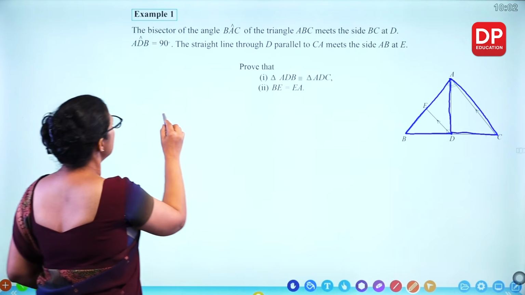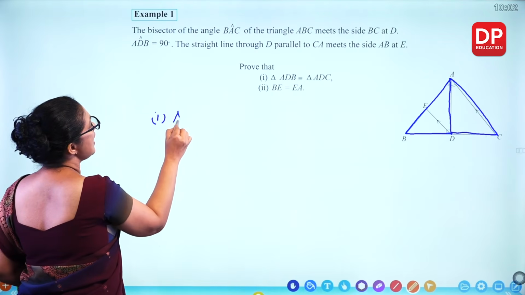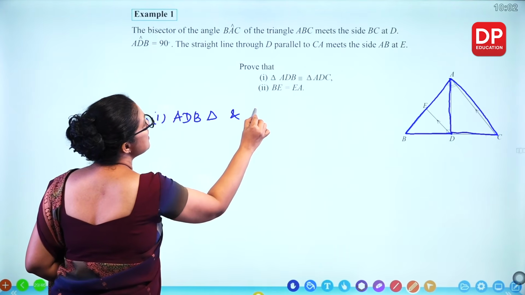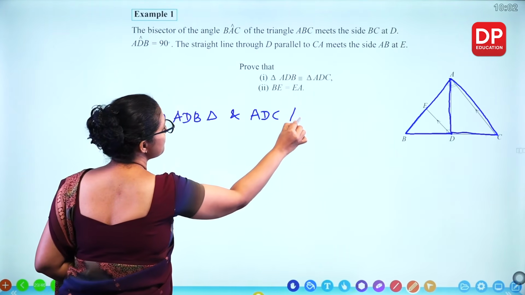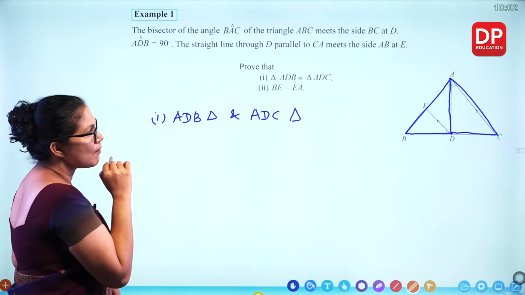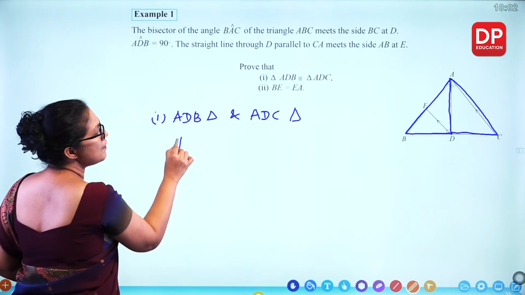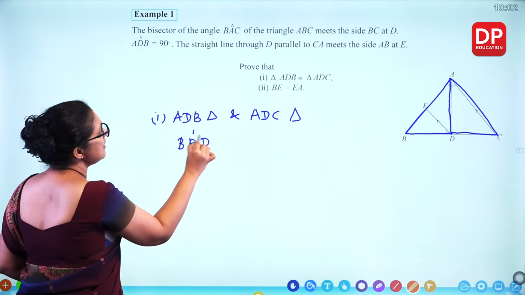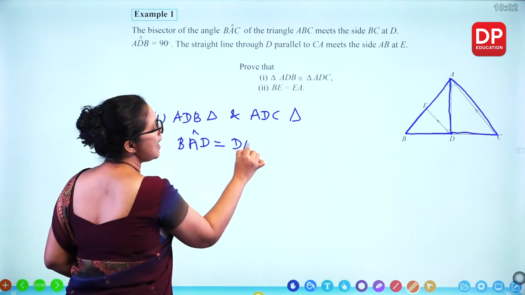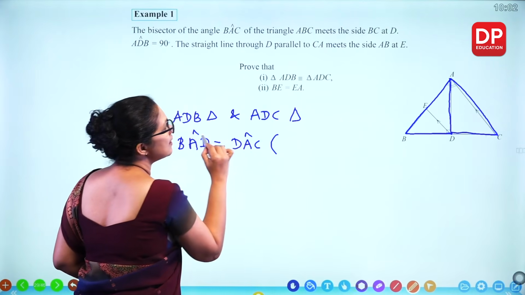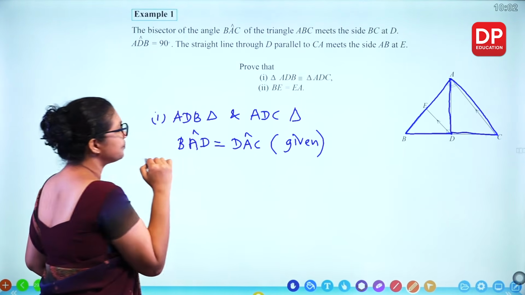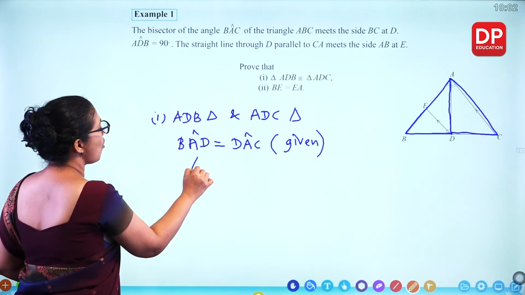So we'll do the first part. We'll take ADB triangle and ADC triangle. What can you say about those two triangles? We know BAD angle is the same as DAC angle. It's given, angle bisector. Then AD is common.